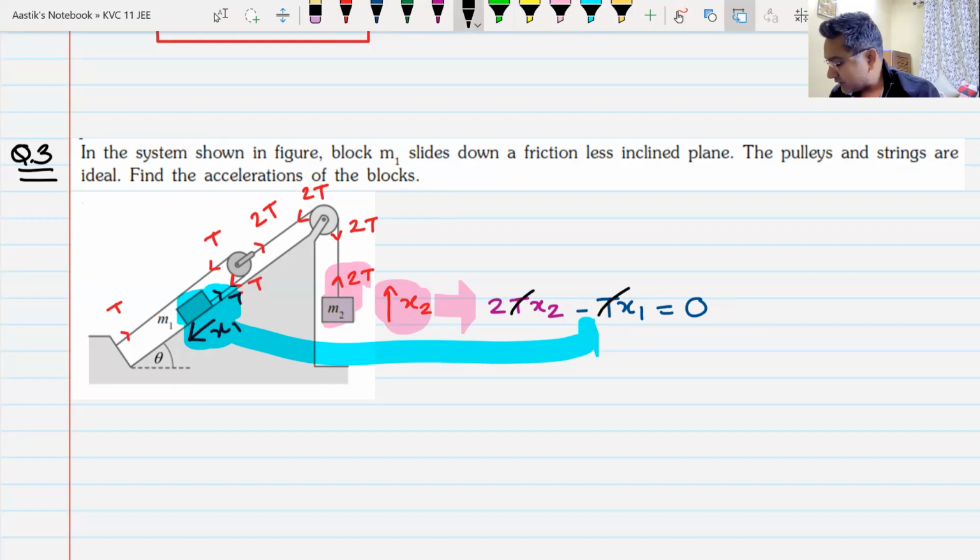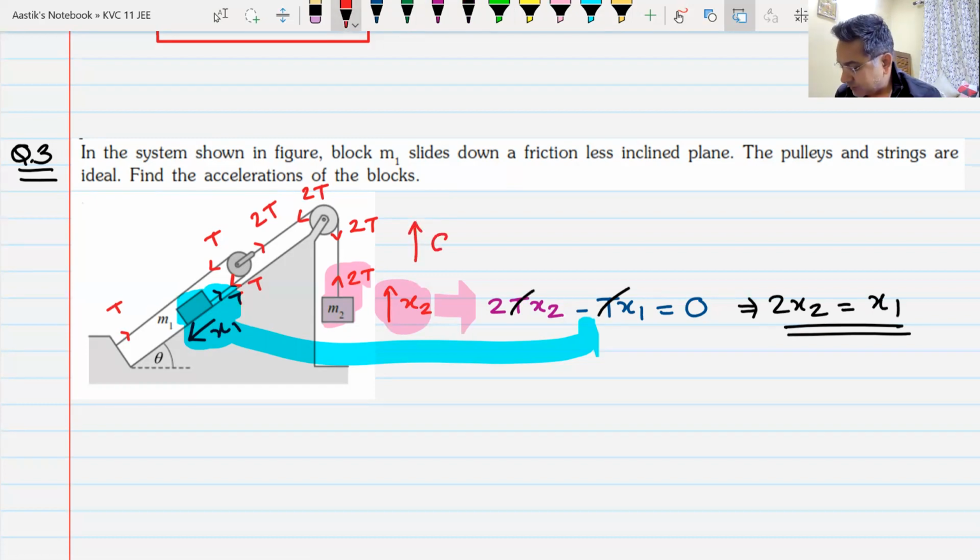So the constraint relation is 2 times x2 is equal to x1. That means if this block moves up with an acceleration a, m2 moves up with an acceleration a, m1 will move down with an acceleration 2a.